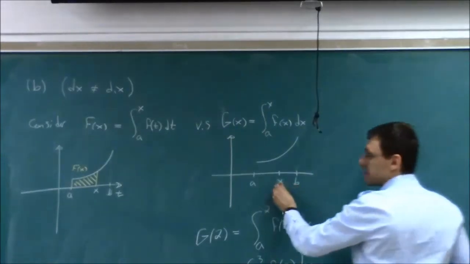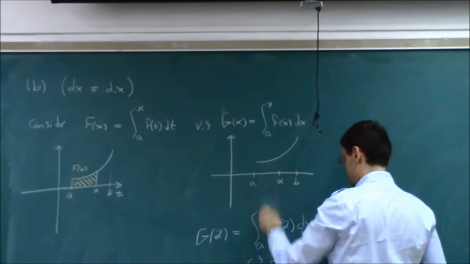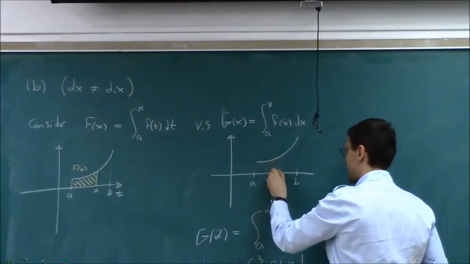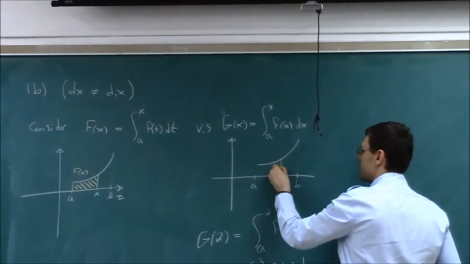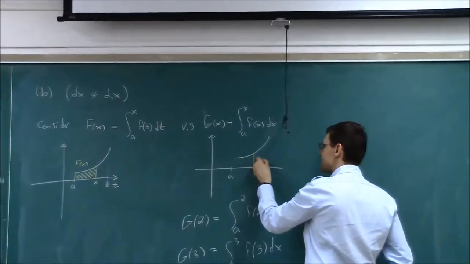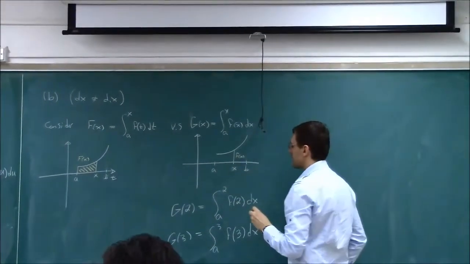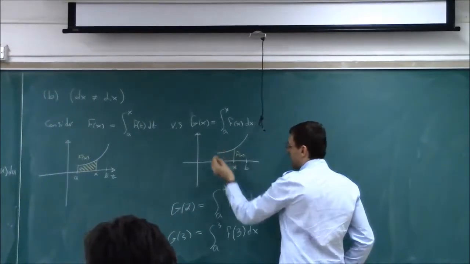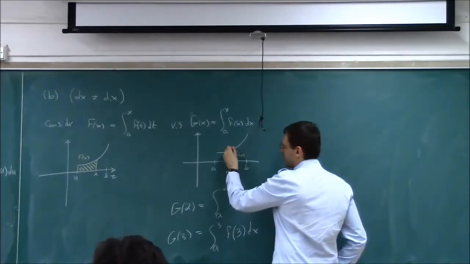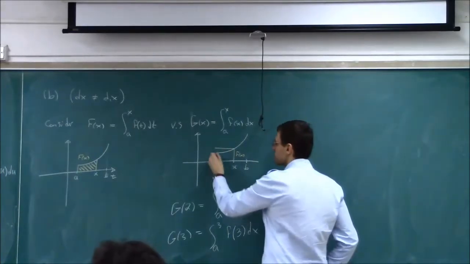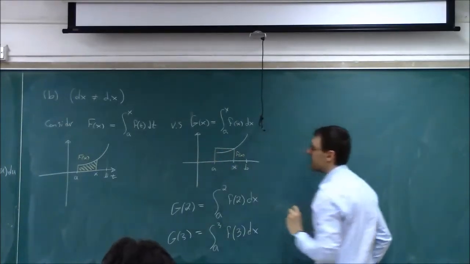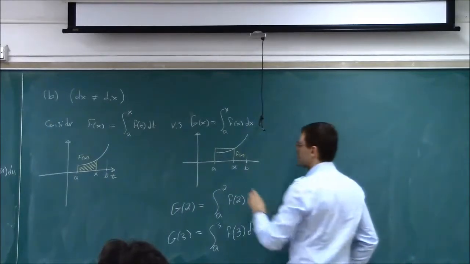So at x, what I have is this is f of x. This is f of x, and the area I'm calculating is for the curve that is completely flat. You see that?